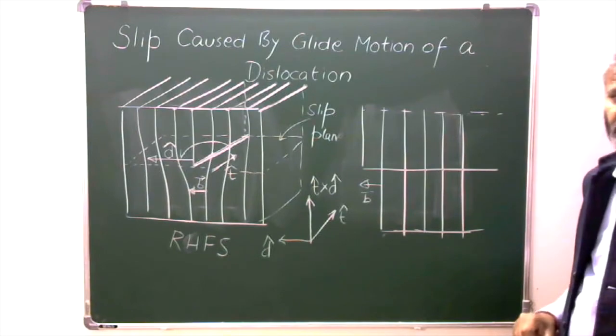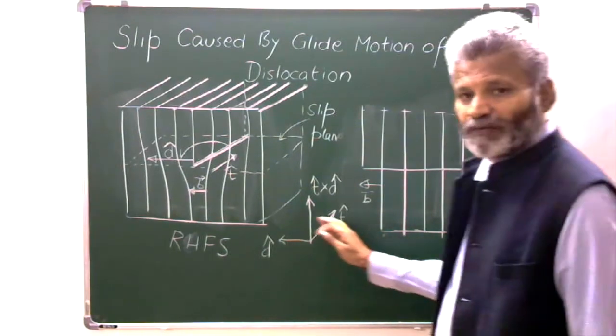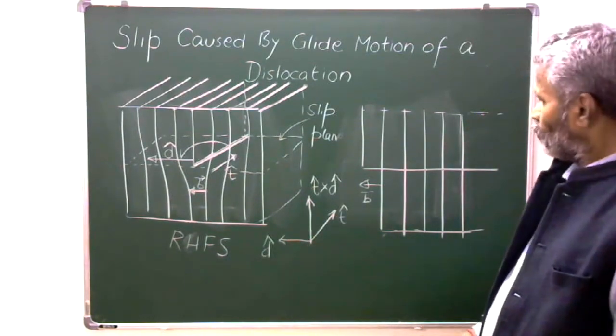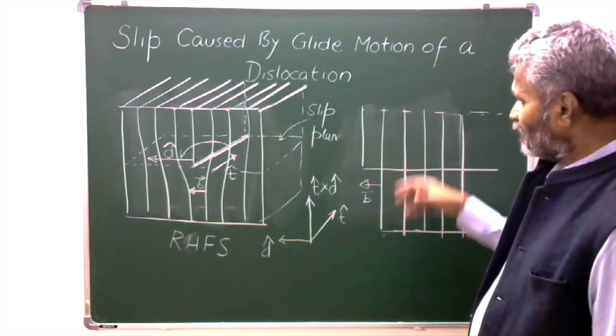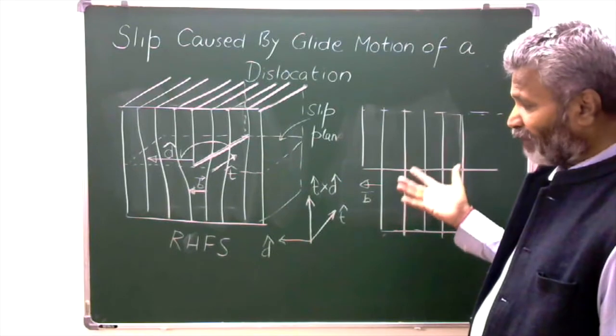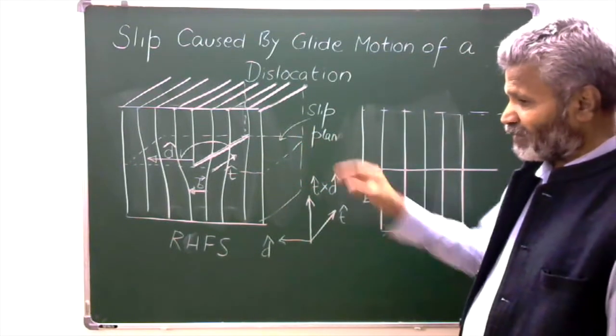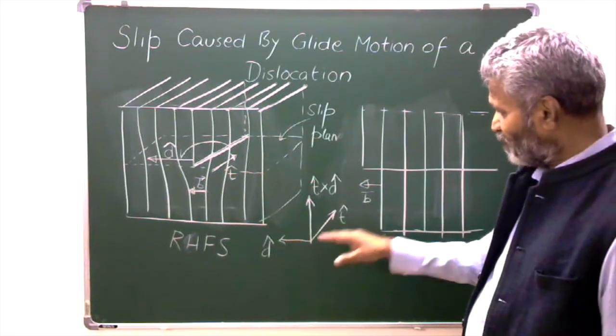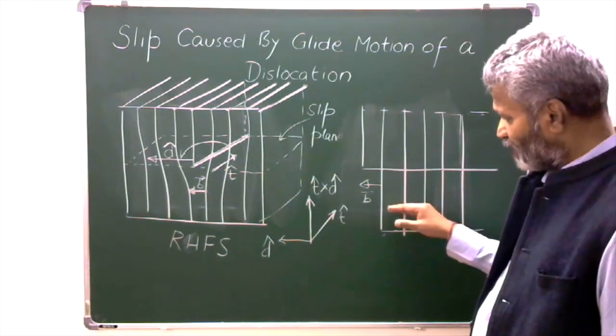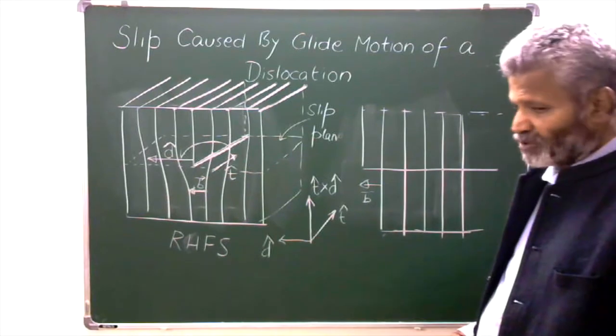That's the t cross d vector. So the t cross d vector is pointing up, and saying up and down can sometimes become confusing depending on the orientation of the dislocation line. So we have to make this up and down also precise with respect to the dislocation.